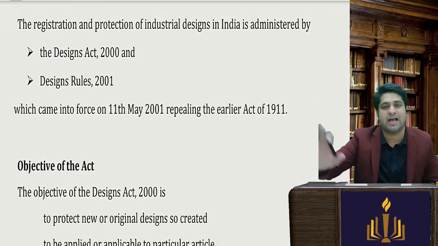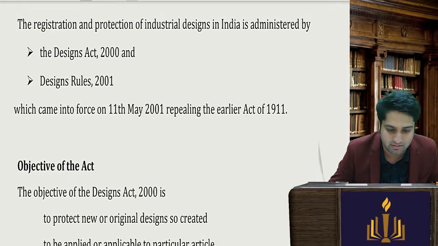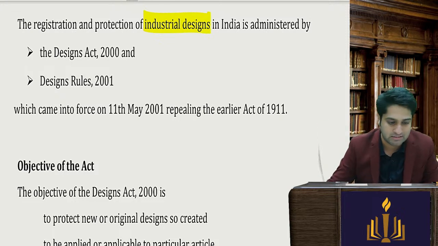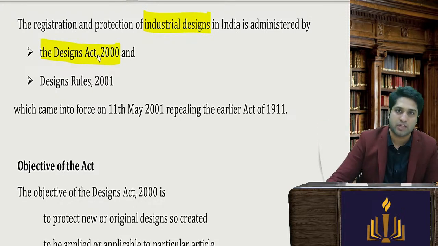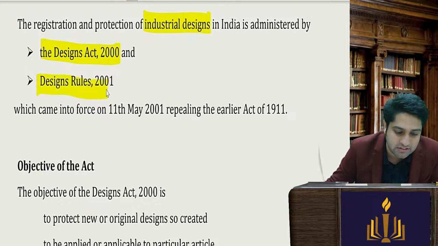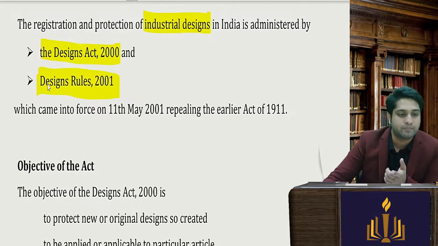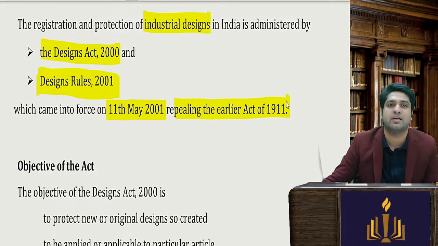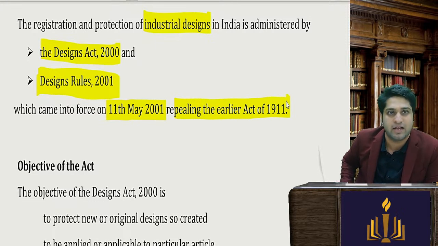The entire act, the Industrial Designs Act, is in two main parts. One is the Designs Act 2000 and the other is the Designs Rules 2001. They came into force on 11th May 2011, repealing the earlier act which was of 1911.